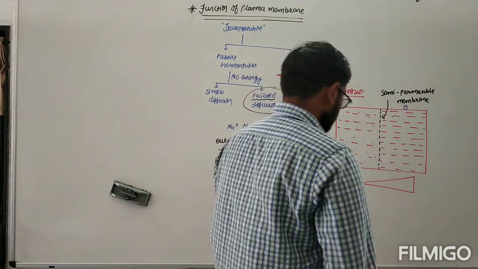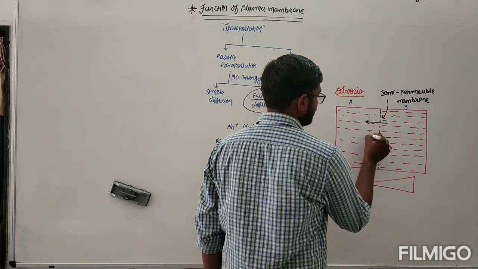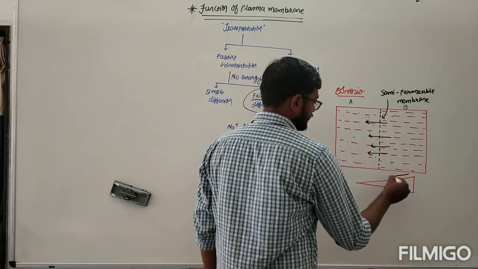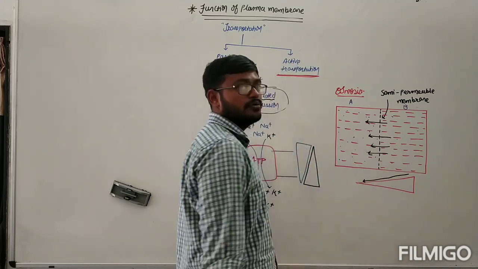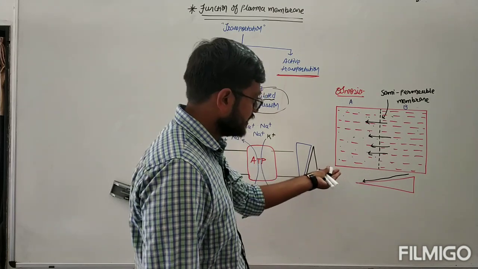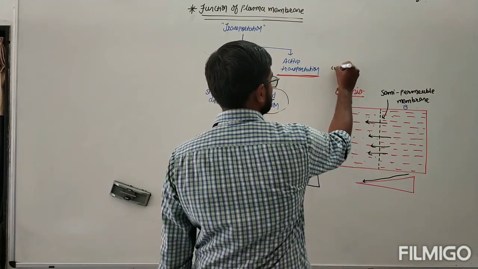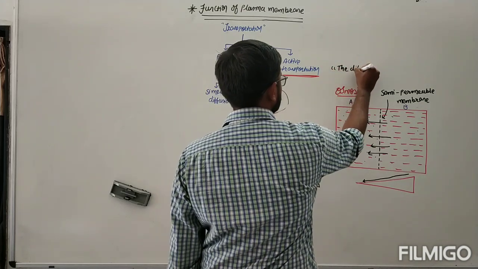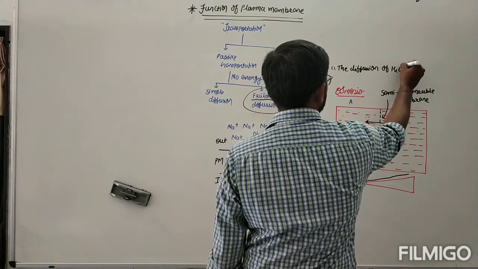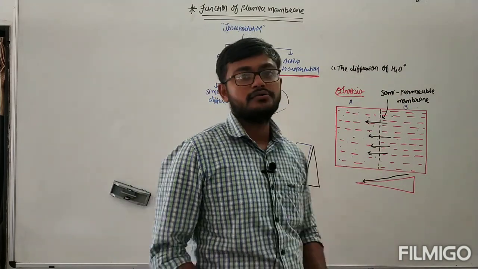So here the solvent, that is water, is moving from the B side to the A side, from high concentration to low concentration. This is diffusion, towards the concentration gradient. Hence, we can write that osmosis is nothing but the diffusion of water from high concentration to low concentration.